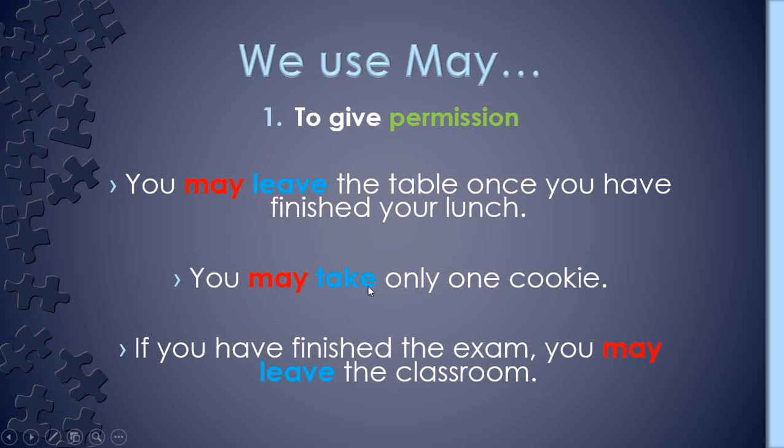You may take only one cookie. We are giving permission for taking cookies. If you have finished the exam, you may leave the classroom. Okay? So we use may to give permission in sentences.